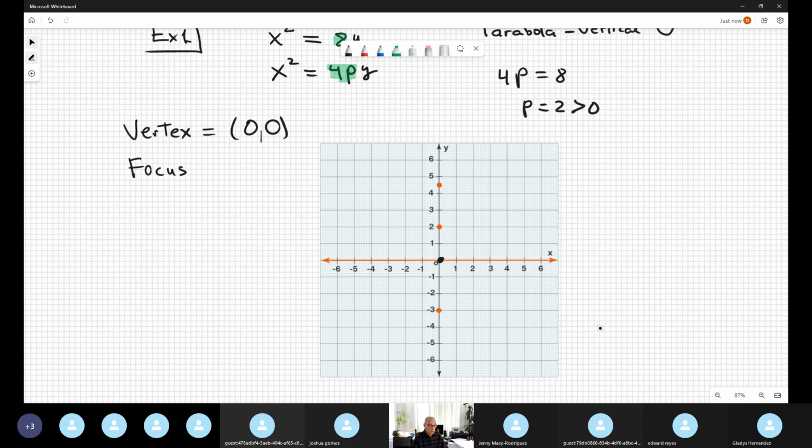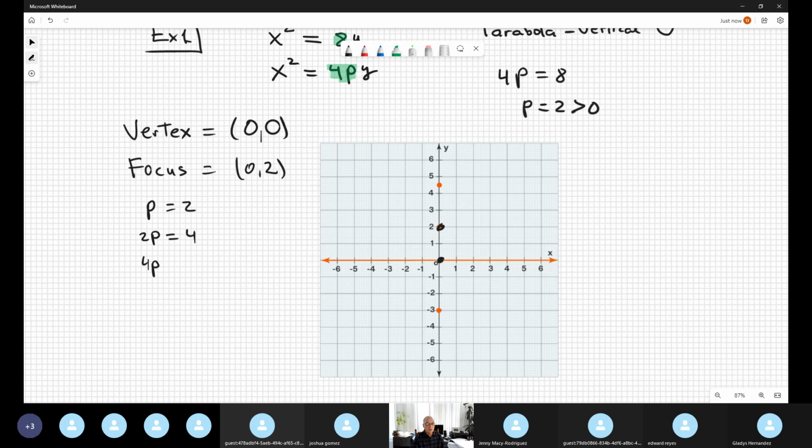Now the focus is located at the point 0, 2. It's obvious, right? Because p is 2. This is my focus. And the focal diameter points are 2p in that direction, 2p in that direction. So if p is 2, 2p is 4.